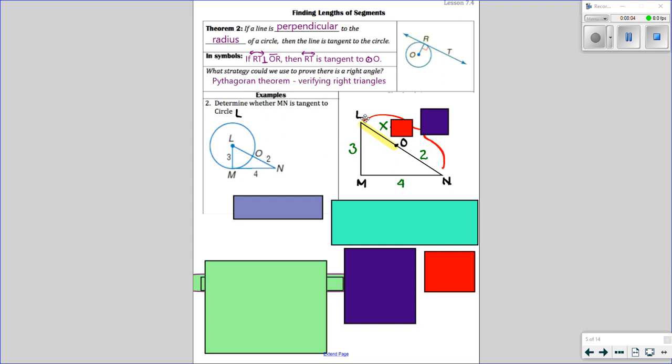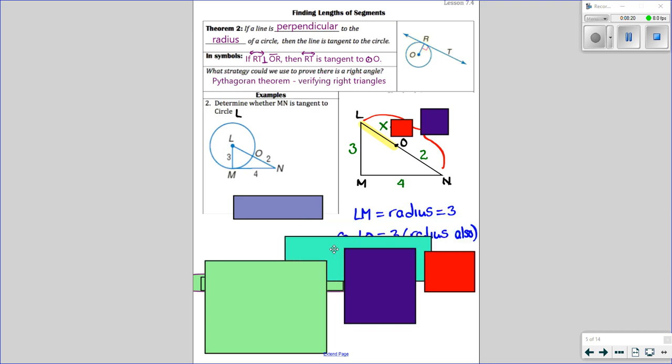LO is X, but we know that it is 3 because any radius in a circle is congruent to the others. So if LM is 3, then LO is also 3. Now we know that this is 3.